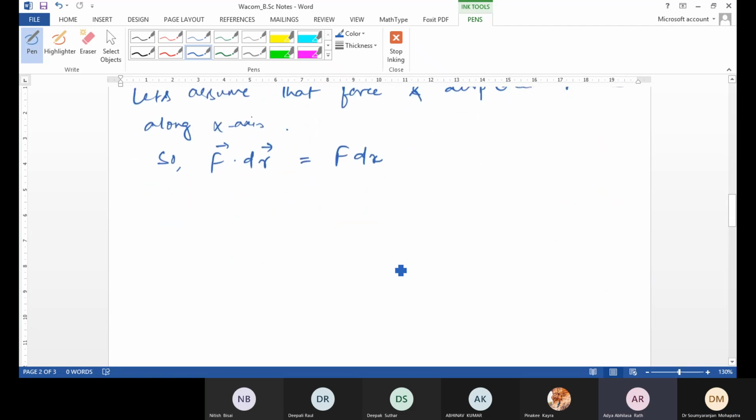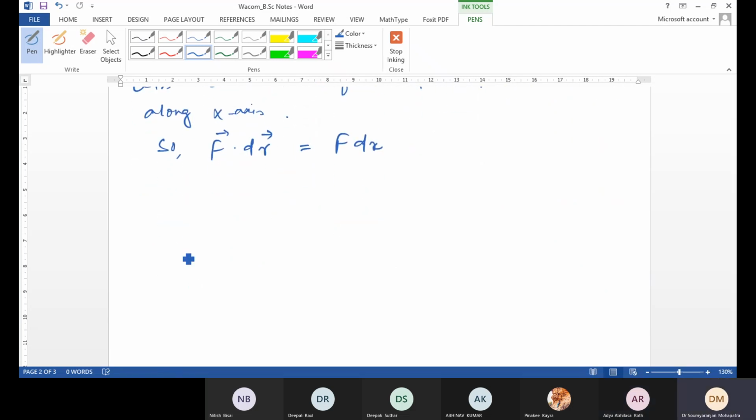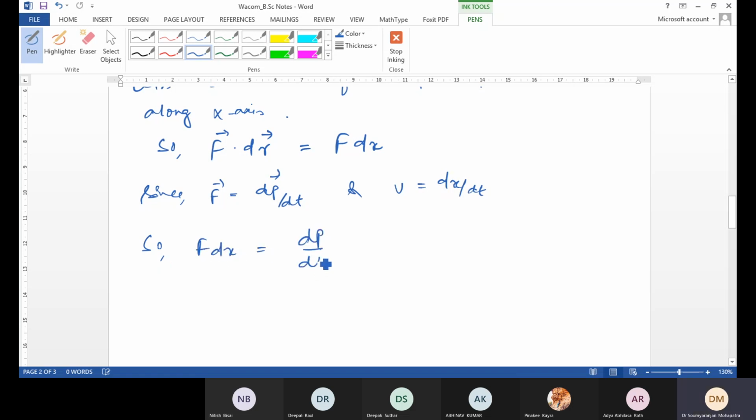Yes, sir. Okay. So as a result, if I solve this, I know that F is dp by dt, and how can I find dx? I know that the velocity is dx by dt. So since F is equal to dp by dt and v is equal to dx by dt, F dx is equal to dp by dt, and dx is v dt, right?